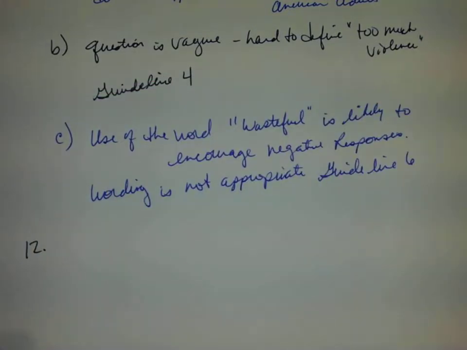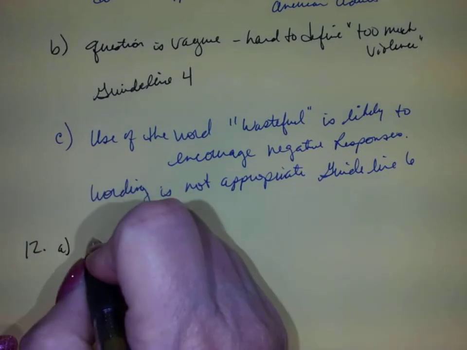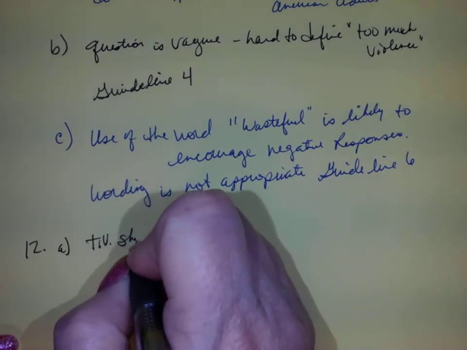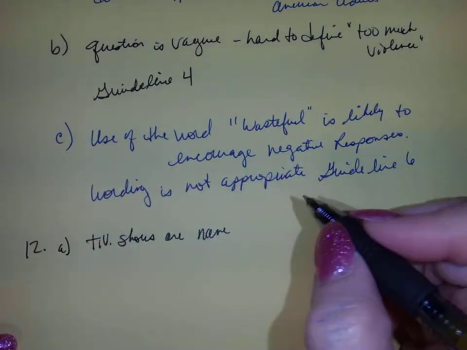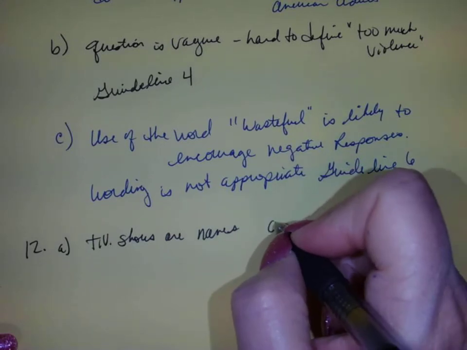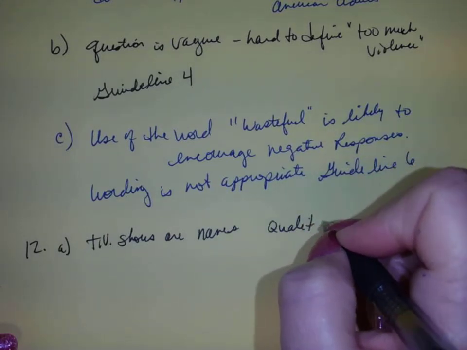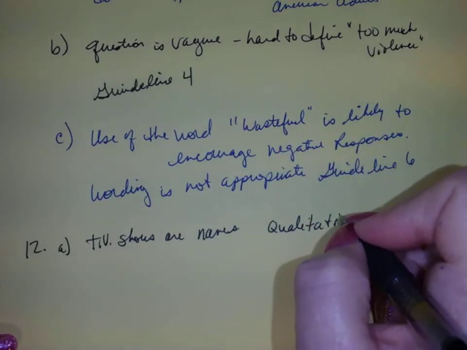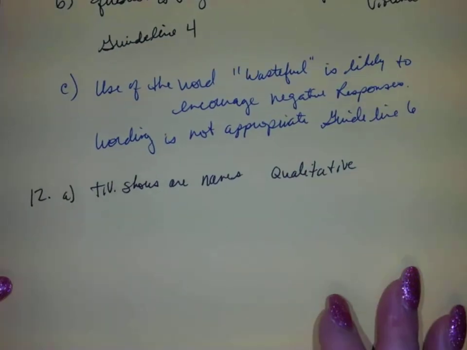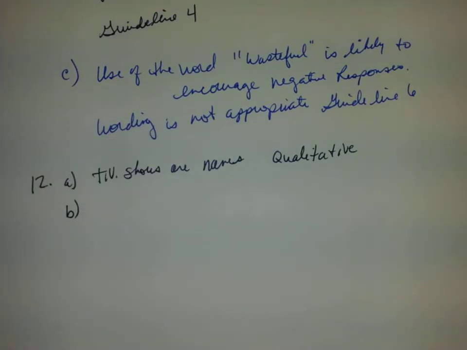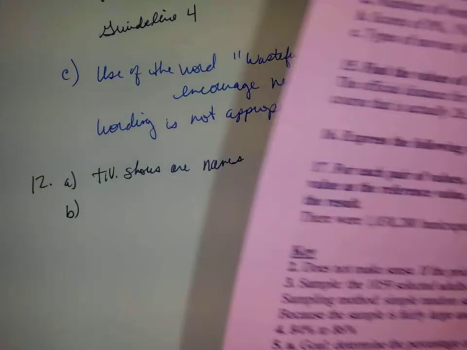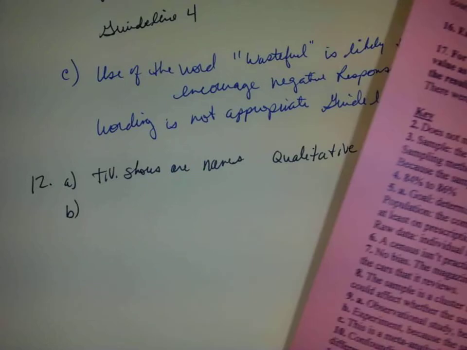So those are going to be qualitative. So TV shows are names. So it's going to be qualitative. You can't put that in any kind of order or a ratio or anything like that. I mean, yes, you could alphabetize it, but that wouldn't mean anything significant other than it's alphabetized. All right, so that's qualitative.